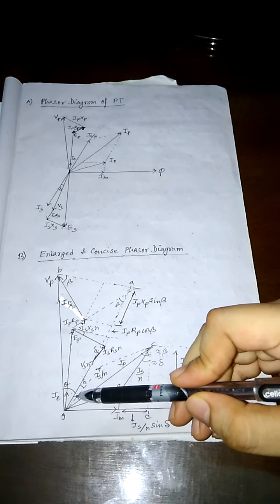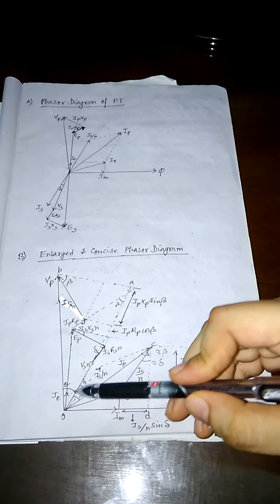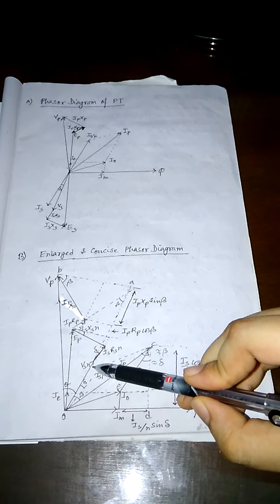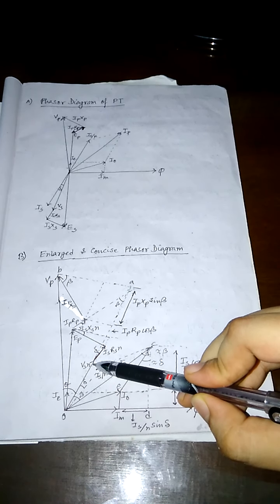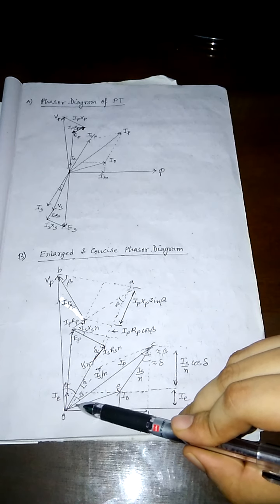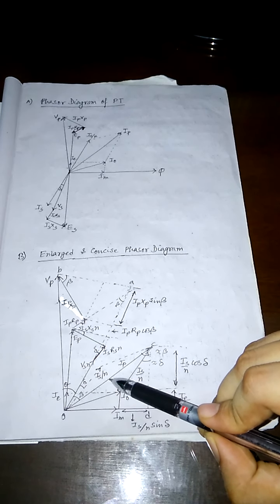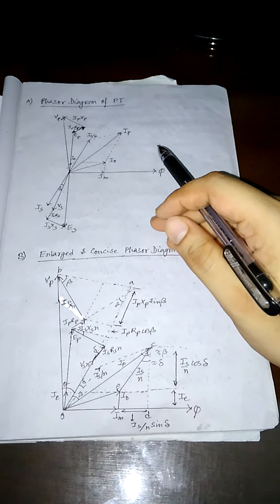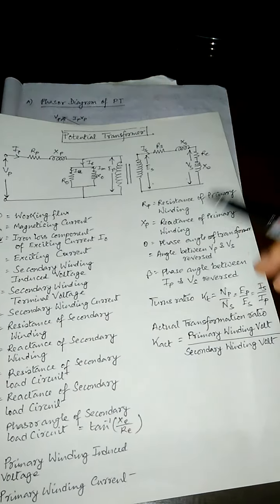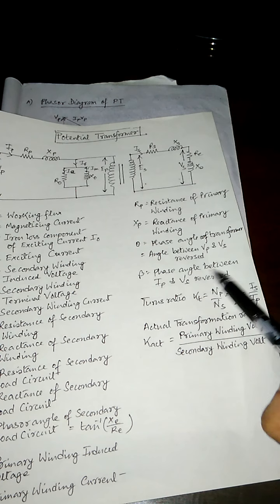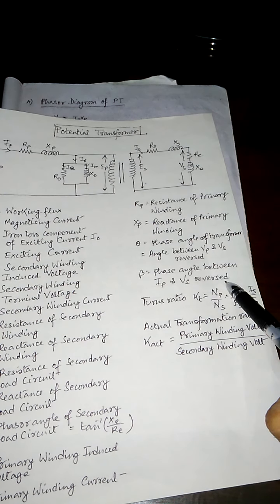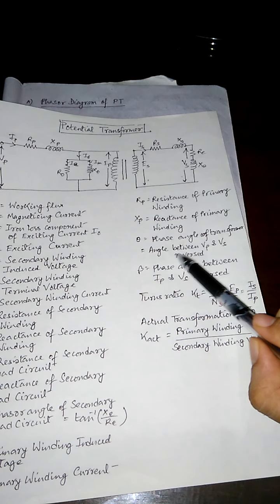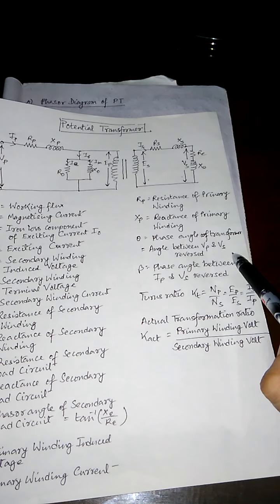Now if we consider the angle part, see what happens. This is the angle beta. So what is that angle? This angle is between the secondary winding voltage Vs and the primary winding current Ip. We already discussed that beta is the phase angle between Ip and Vs reversed, and theta is the phase angle of the transformer, that is the angle between Vp and Vs reversed.